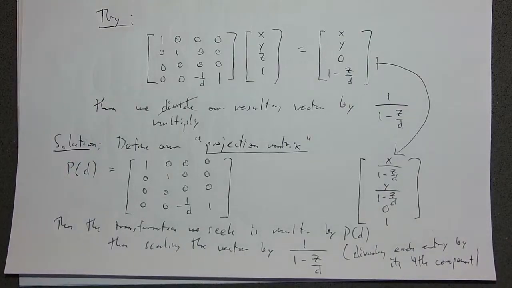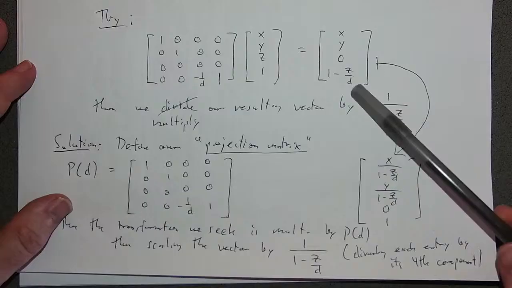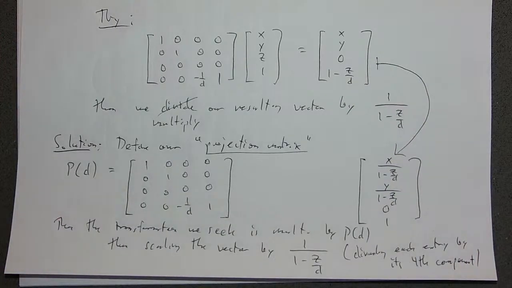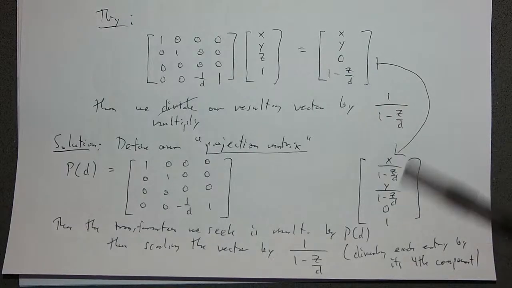So the way of thinking about this is, whatever resulting vector I get, I just scale the vector by 1 over its fourth component. 1 over that is what I multiply the vector by, so that the last entry becomes a 1, and the other entries become exactly what I want them to be.